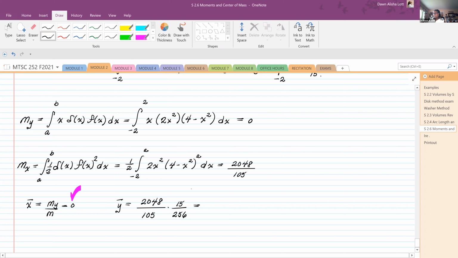That turns out to be 8 over 7. So therefore my center of mass just turns out to be (0, 8/7). All of these problems are like this.